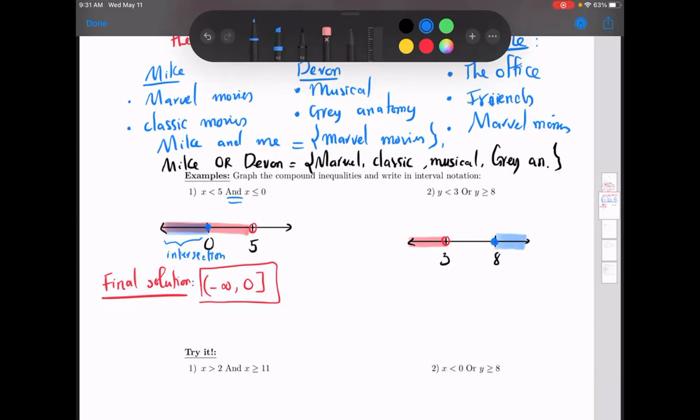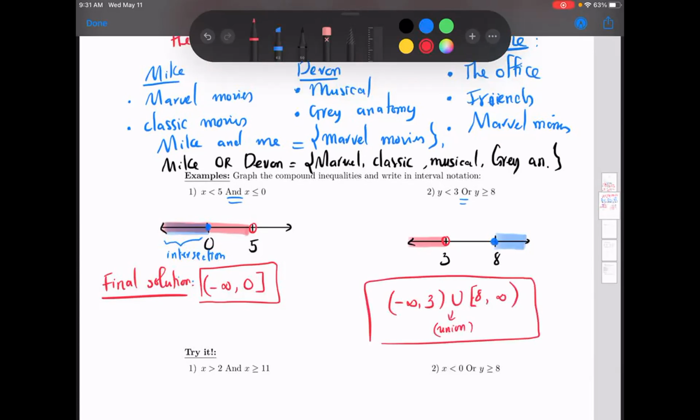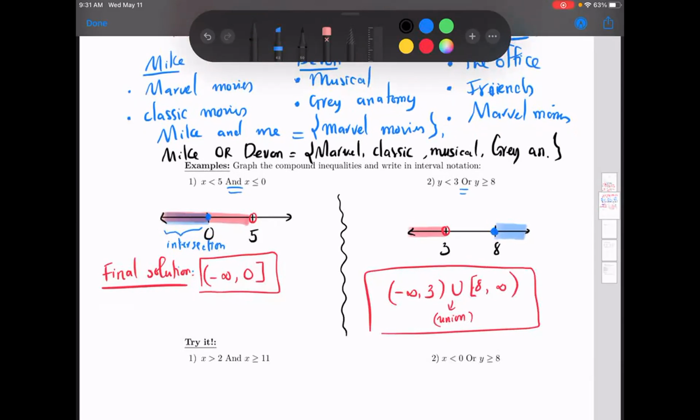Because it's an or, the solution will be both of them. Your solution will be from negative infinity to 3, parenthesis for both, union, from 8, bracketed because 8 is included, to infinity. Let me make a little note here, in purple.